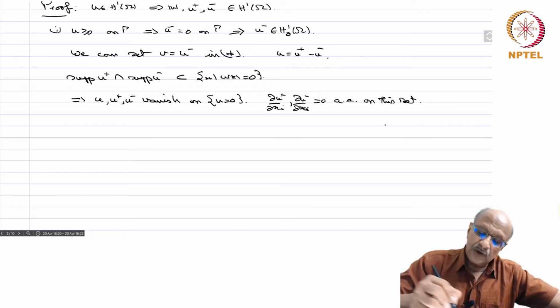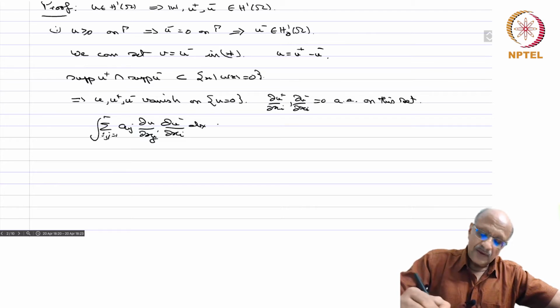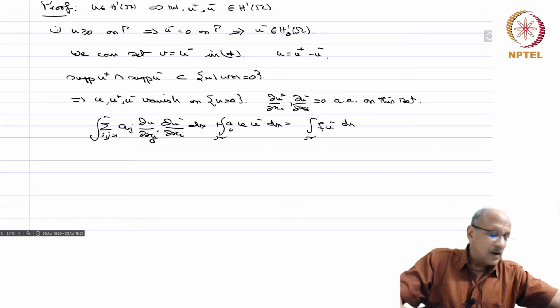Therefore if you substitute, you have the integral of the sum over i, j equals 1 to n of a_ij du by dx_j, du minus by dx_i dx, plus the integral of a_0 u u minus dx, equals the integral over omega of f u minus dx.